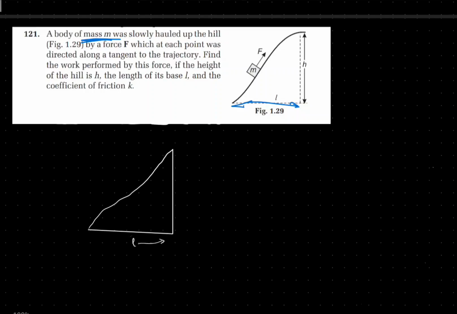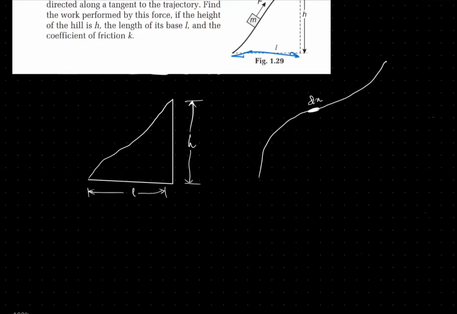So this length is L and this is h. If you see this line, it is like this. If we take a small part dx, we can take it as dx.